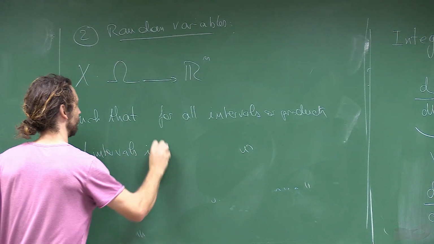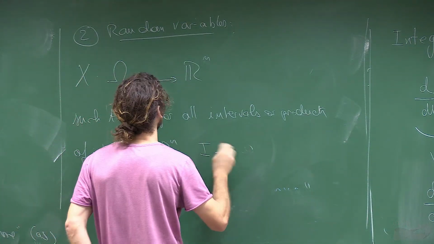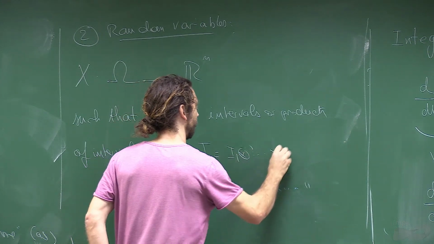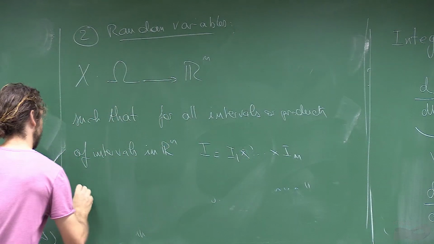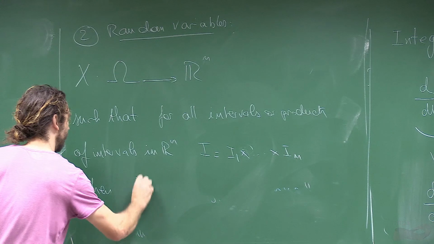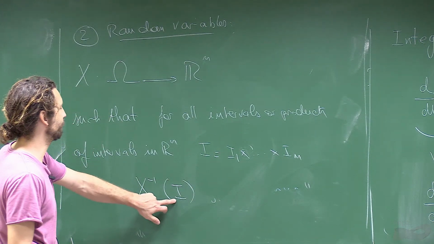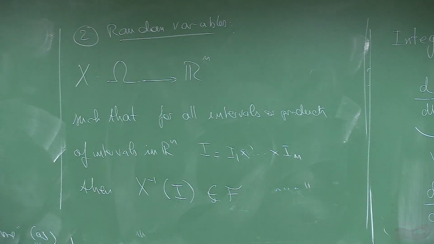in Rn, so say something like A is A1 times ... times An, then the reciprocal image of A is in F. So you can measure an interval.